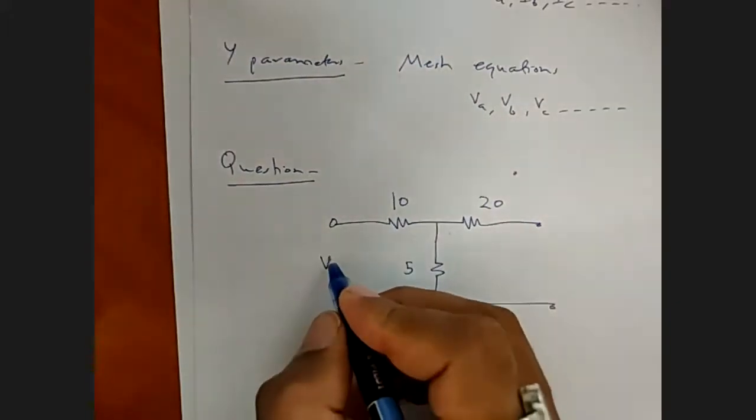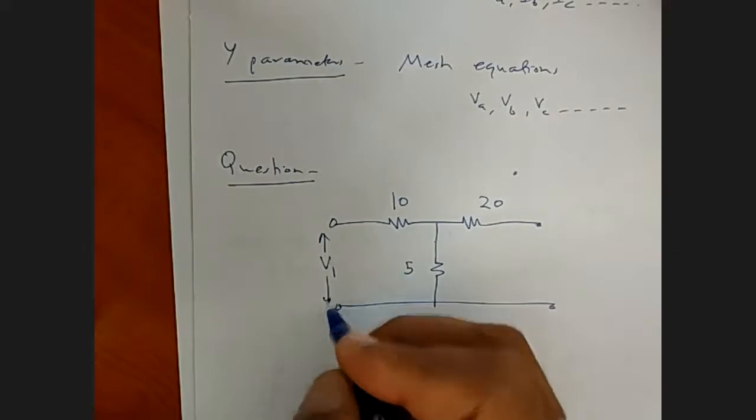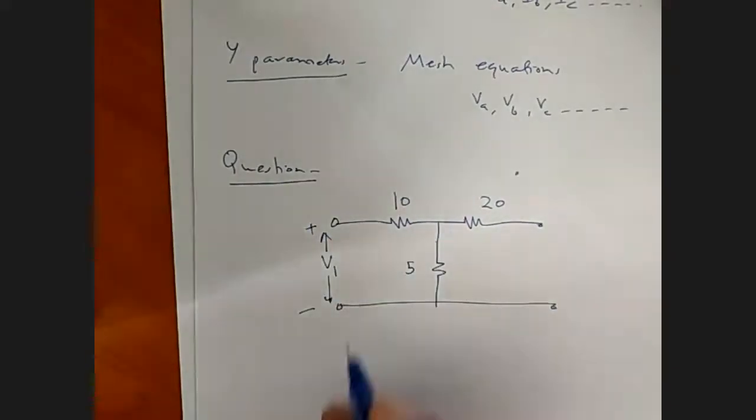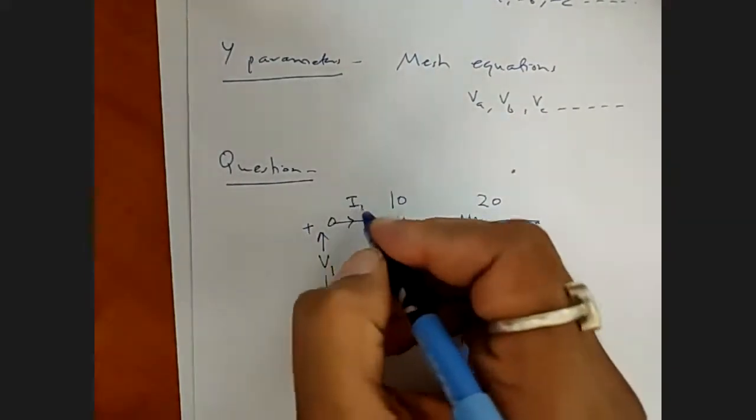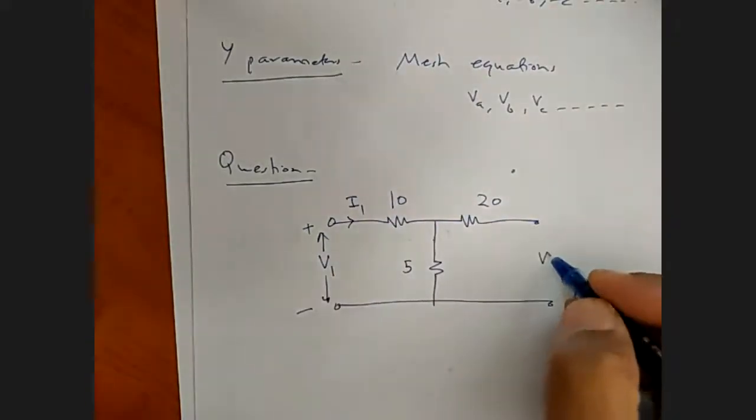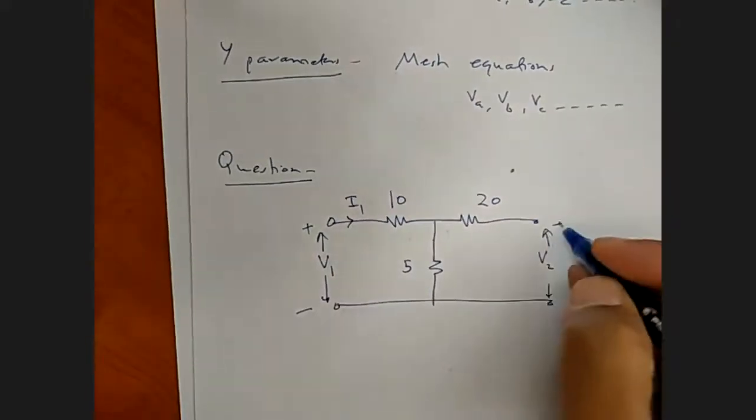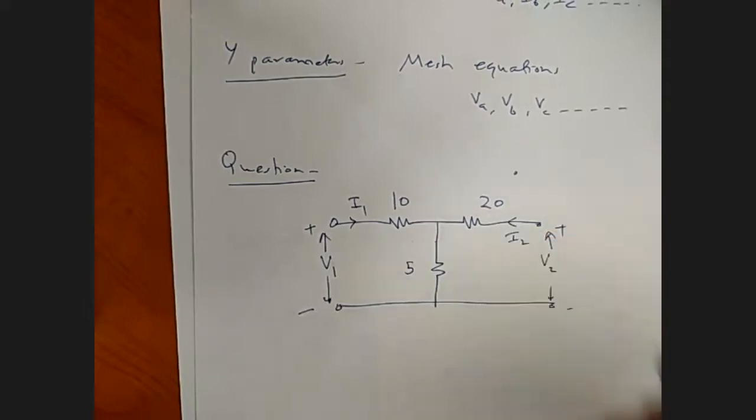It will be voltage V1 and current I1, and this will be voltage V2 and current I2.